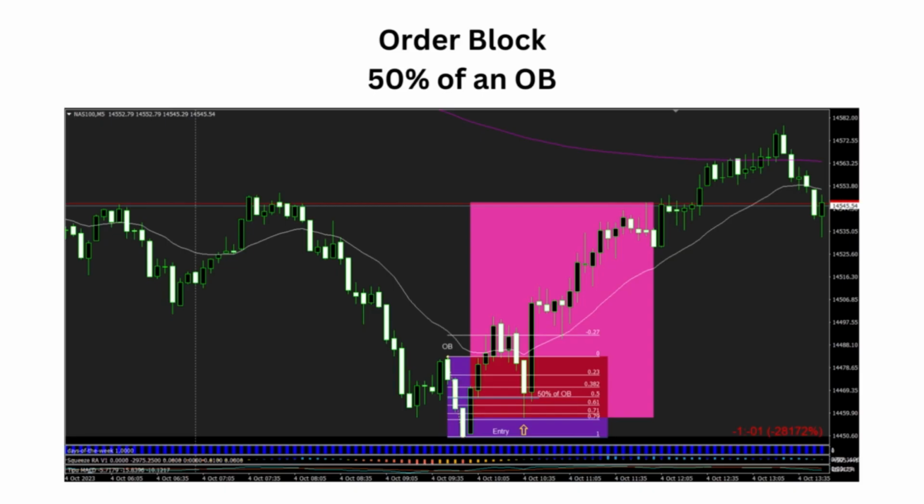For order block entries, you want to enter at the 50%. And there's an order block on the down move, and you see the 50% of that order block is respected, and that's your entry. Coincidentally, there's also a fair value gap, and there's another 71% level respected.